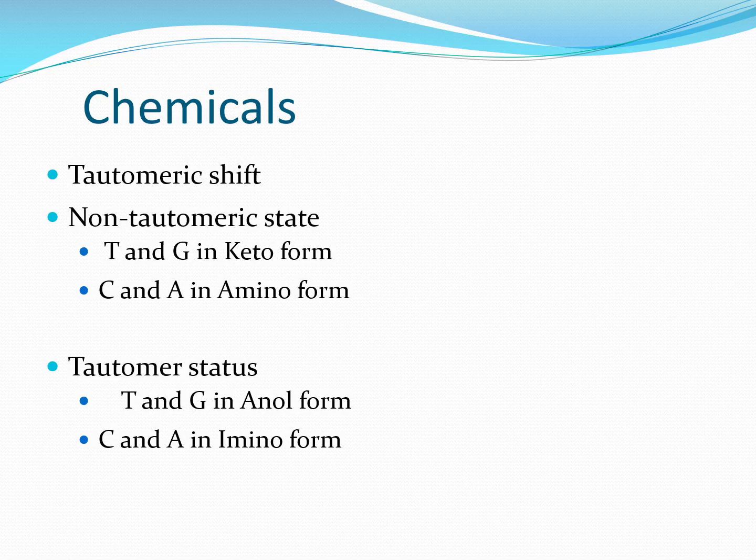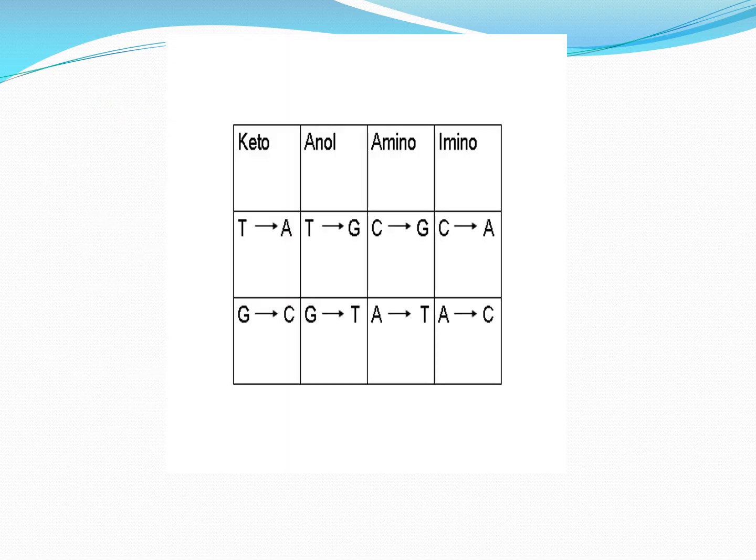This is not caused by an external chemical, but rather by the natural ability of DNA bases to exist in different chemical forms. Now let me explain an important concept, tautomeric shift.